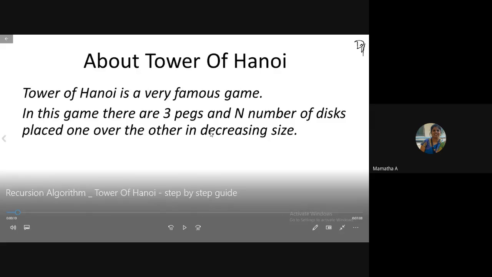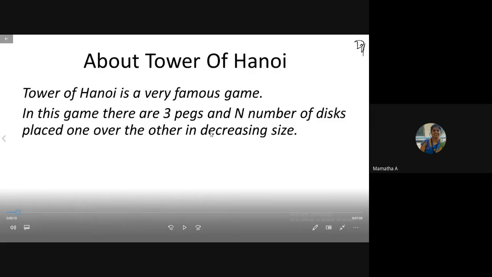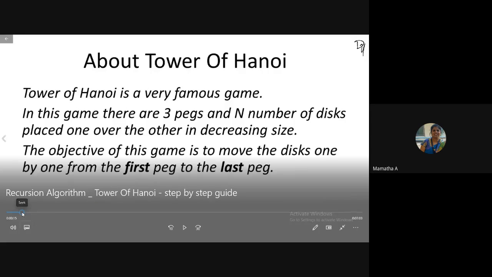In decreasing size. Bottom to top, yes, decreasing size.